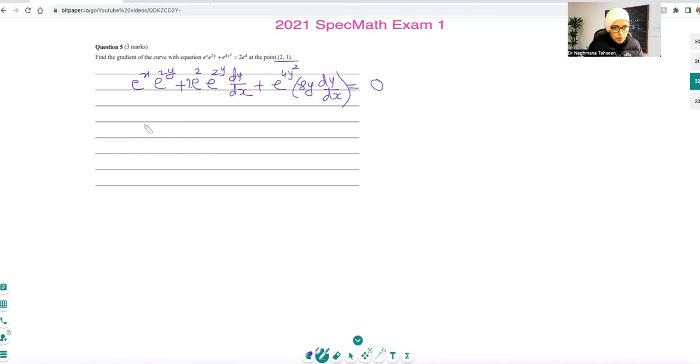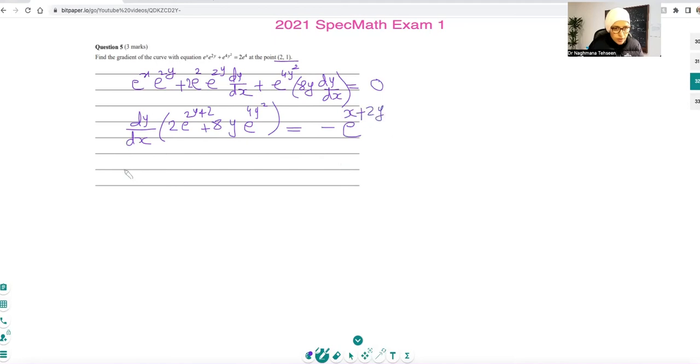So this will give me dy over dx times (2e to the power 2y plus 2, plus 8y e to the power 4y squared) is equal to minus e to the power x plus 2y.